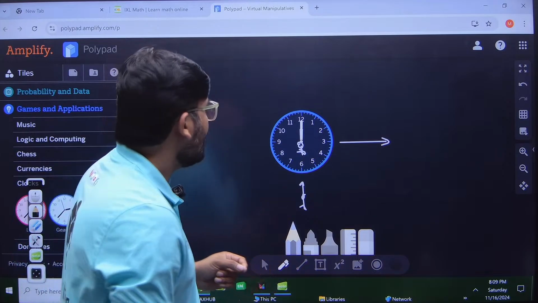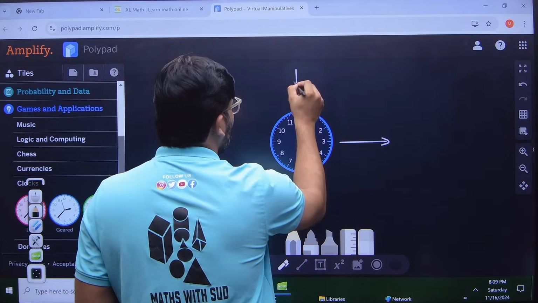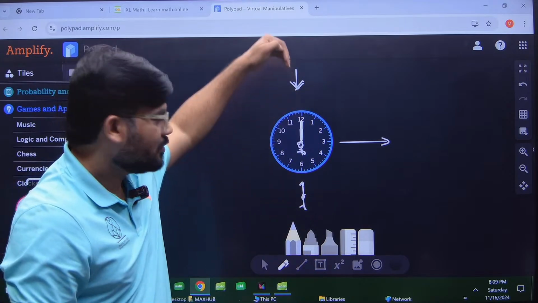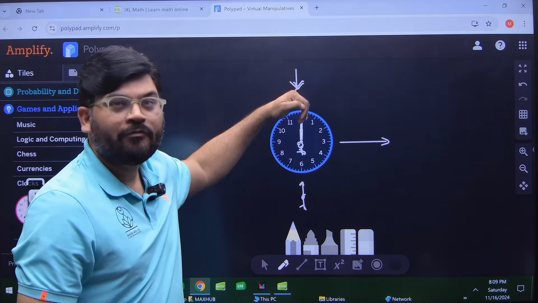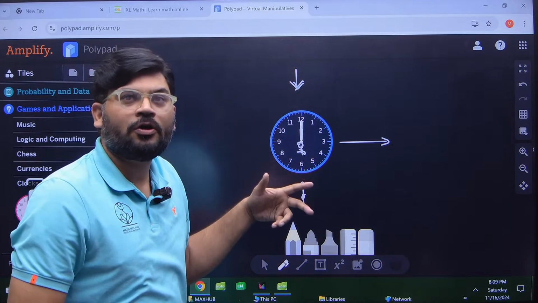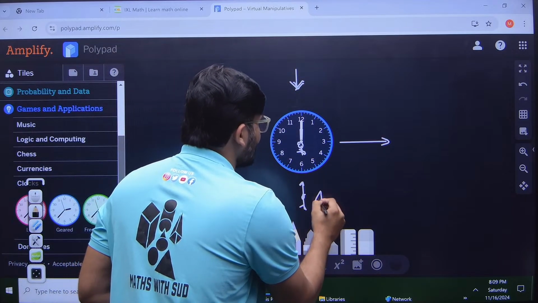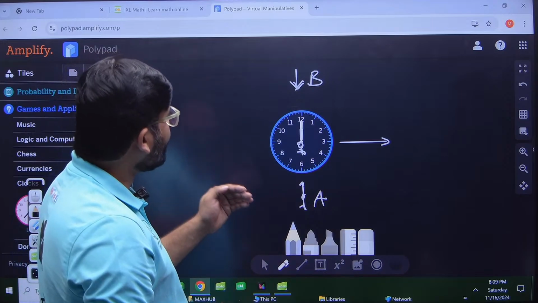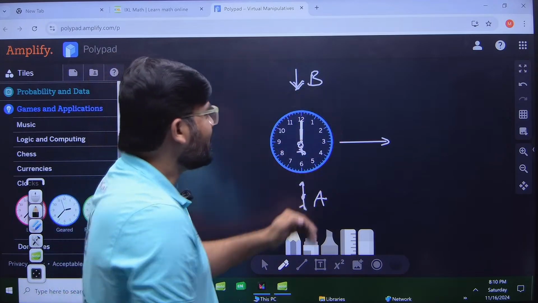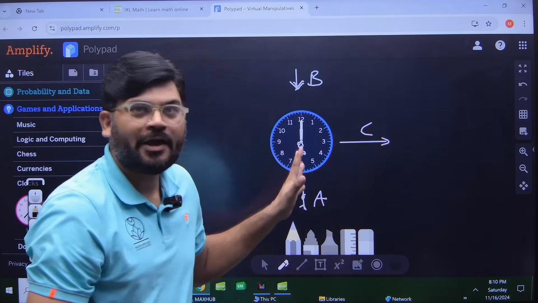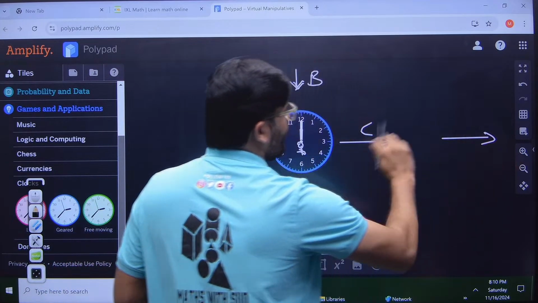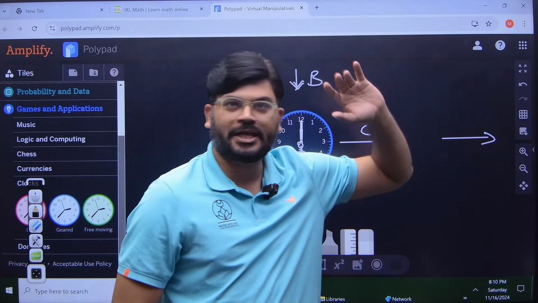But if somebody is coming from the front, looking from the north side, then what will be his clock code? Suppose this person is A, this person is B, I want B to look at C. C is somewhere here, going towards this direction.